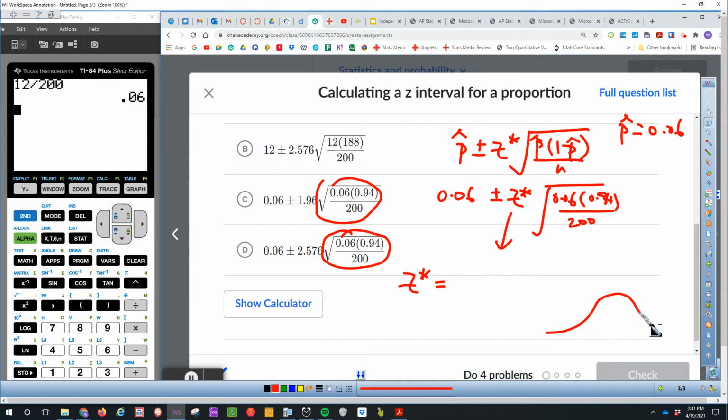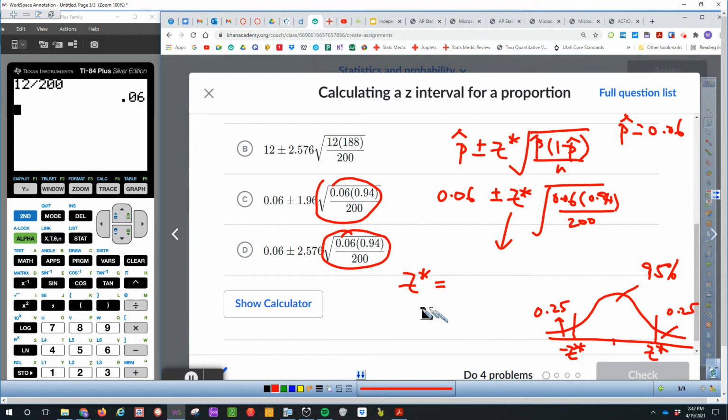So if I were to draw this, if this is a 95% interval, it has to be symmetric. 95% is 0.95, so when you add the two tails up, it should be 0.5, and then half of 0.5 is 0.25. So this is where your z star is. This is negative z star, this is z star.